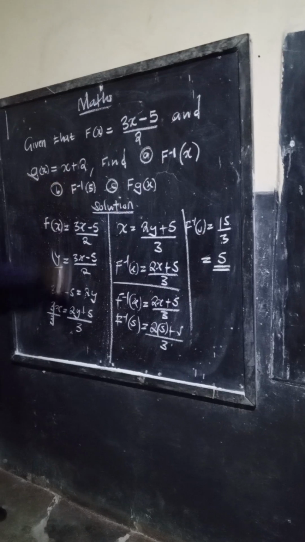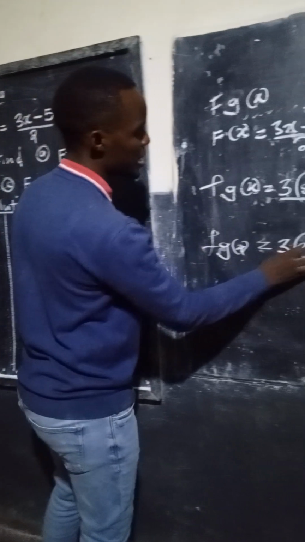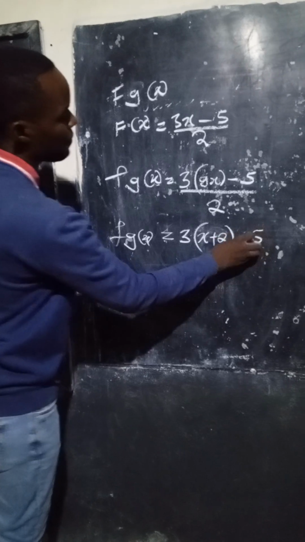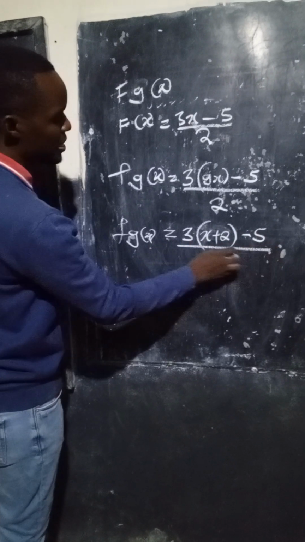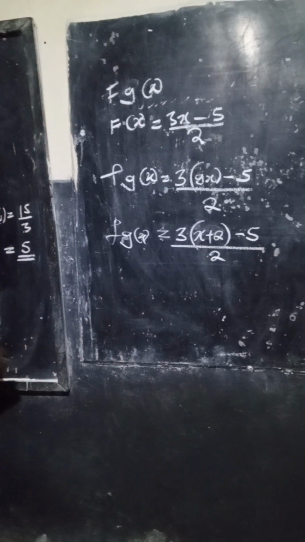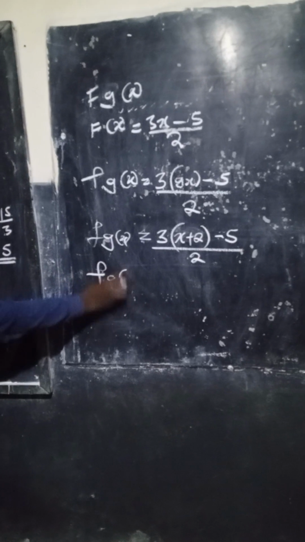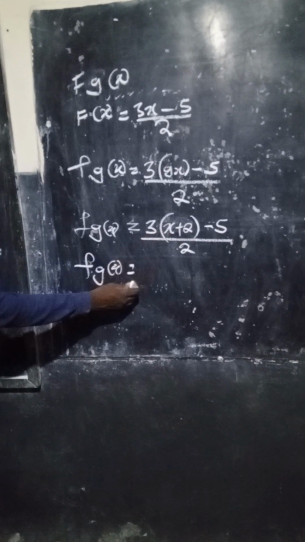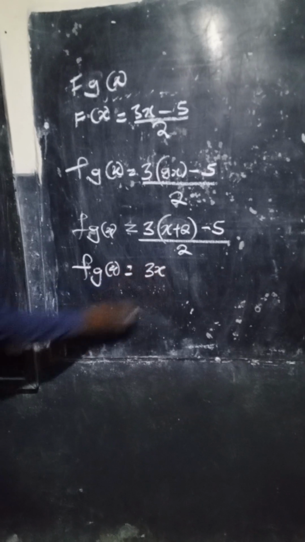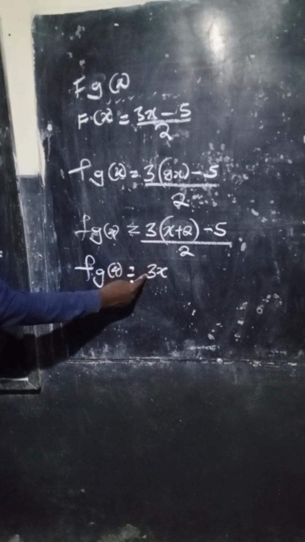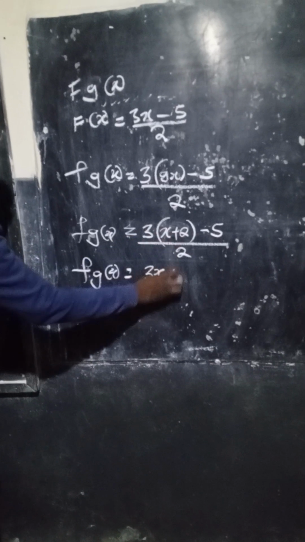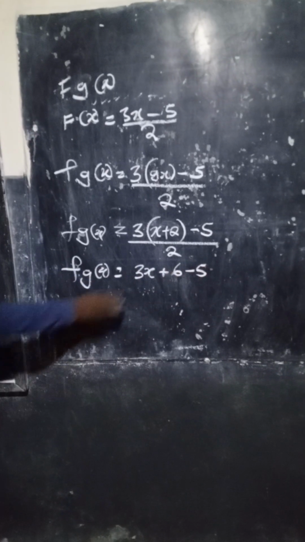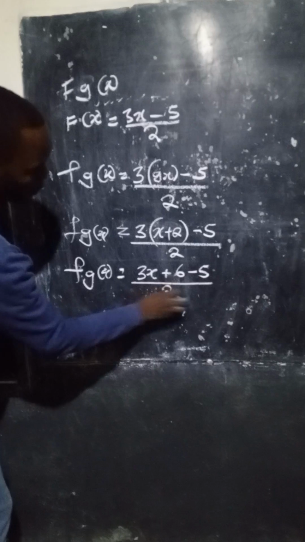So I'll write x plus 2, I'll close, minus 5 there, then I'll divide by 2 there. So after doing that, I'll proceed. fg of x will be, so now I'll expand here, this times this one, it will give us 3x, which is 3 times x. 3 times 2, the answer there will be 6 minus 5 there. Then all over 2 there.